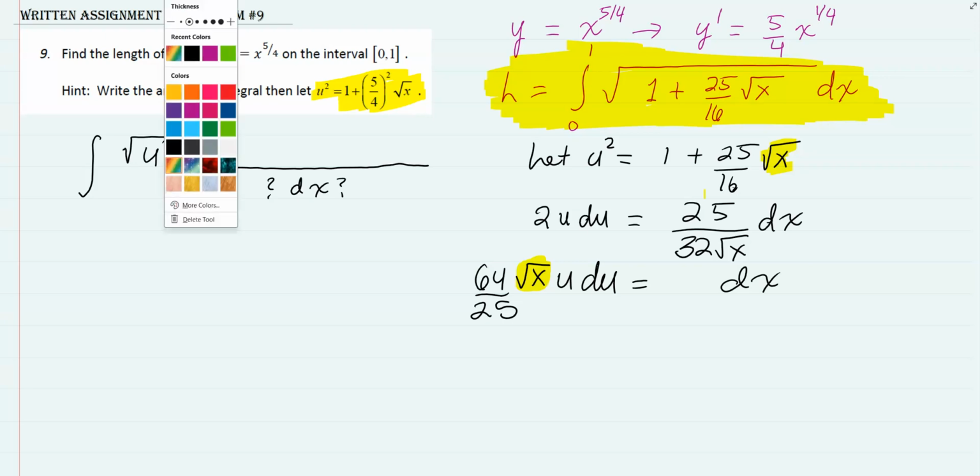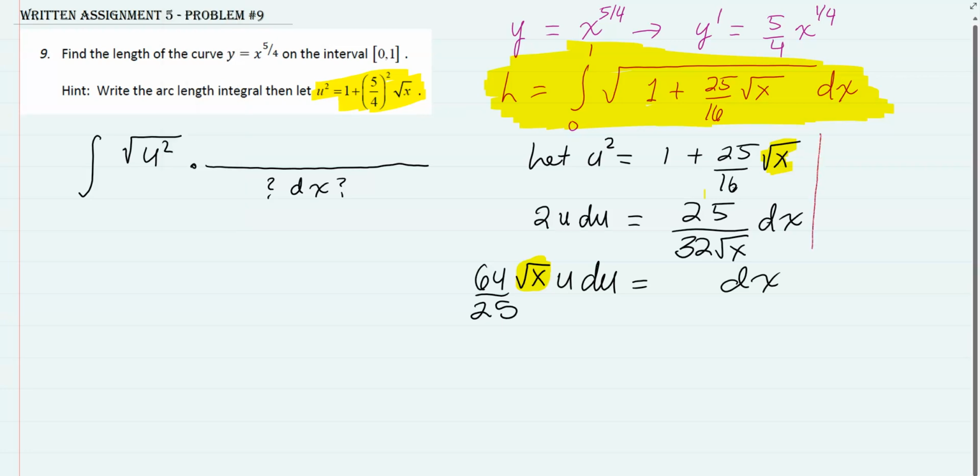From there, we would have u squared minus 1 is equal to 25 over 16 square root of x. Okay, so then multiply by 16 and divide by 25. So 16 over 25 times u squared minus 1 is going to equal square root of x. So this right here is what we are going to put in for square root of x.